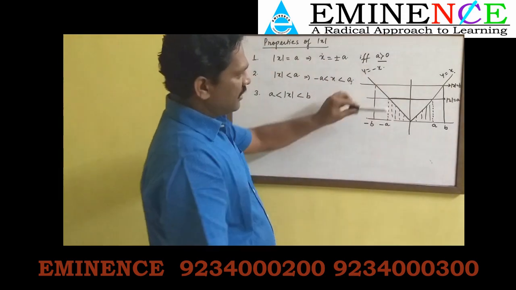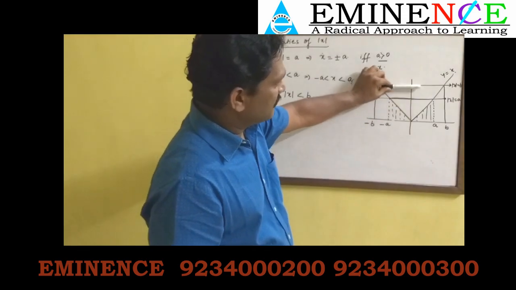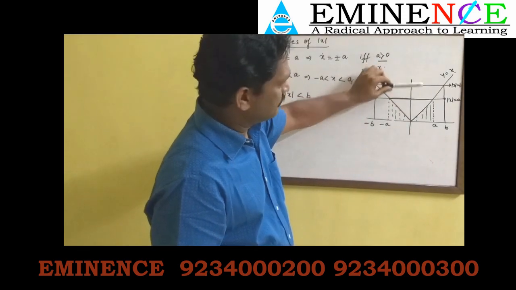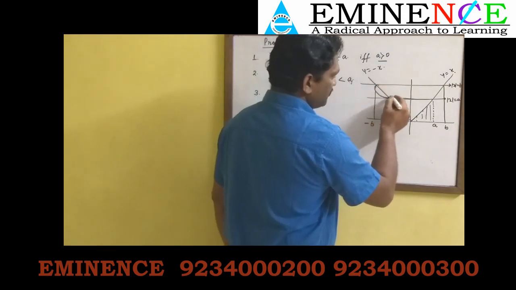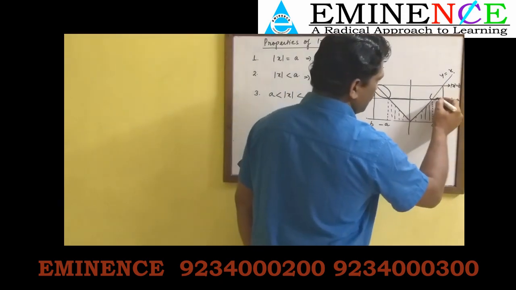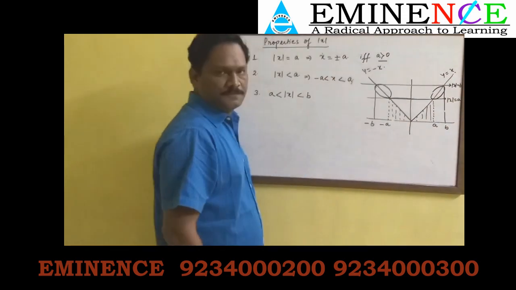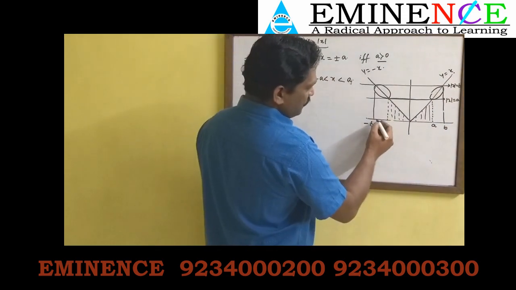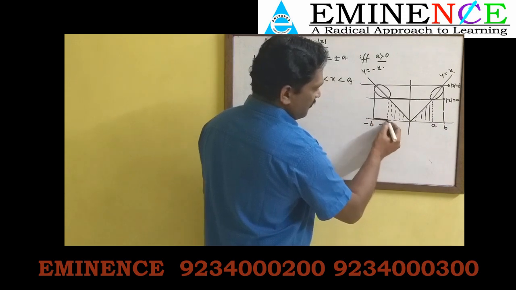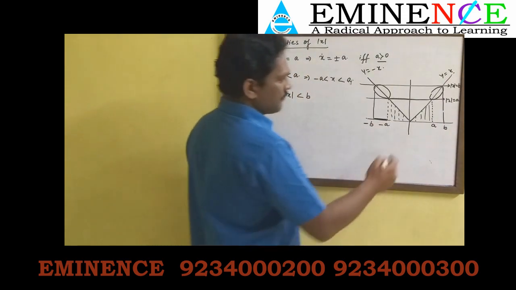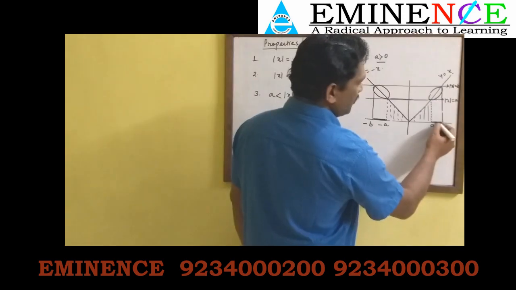Now mod x greater than a means above this line but below this line. So when does this graph lie between these two? That means I am talking about this part and this part of the graph. Now when do you get these two parts? See, the values permissible for x are minus b to minus a and a to b.